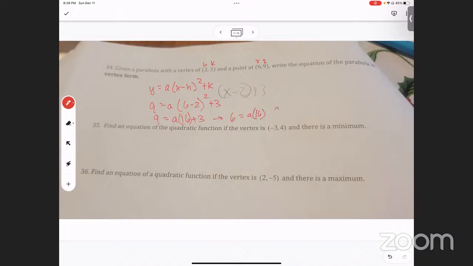And now what does a equal? 6 over 16, which is divide both sides by 2, 3 over 8. So what's my equation in vertex form? Well, y equals 3/8 times x minus 2 squared plus 3. Perfect. Don't forget the squared.